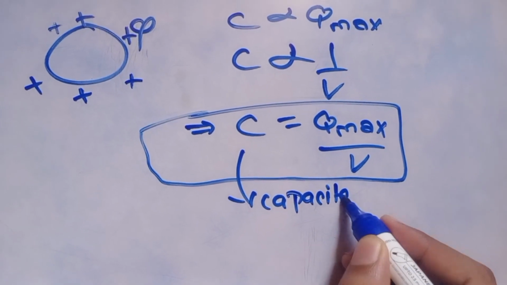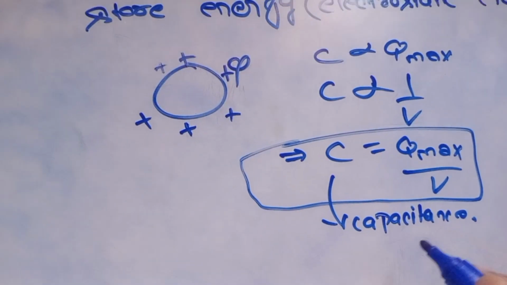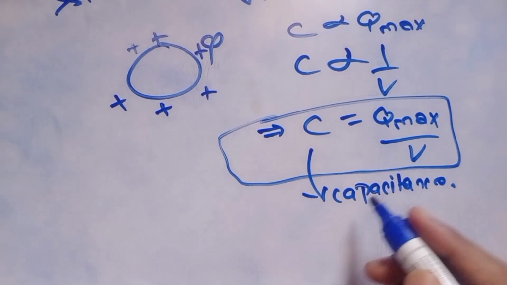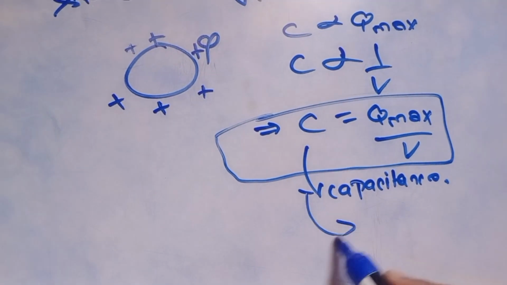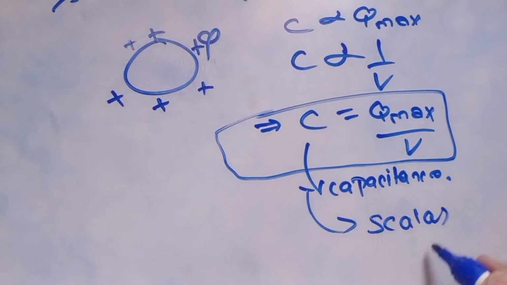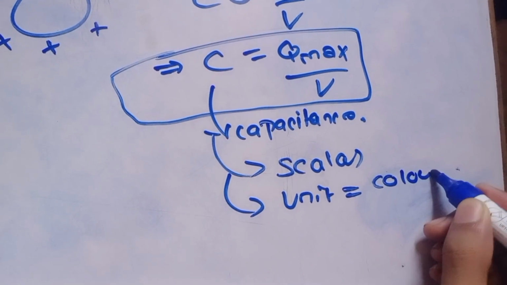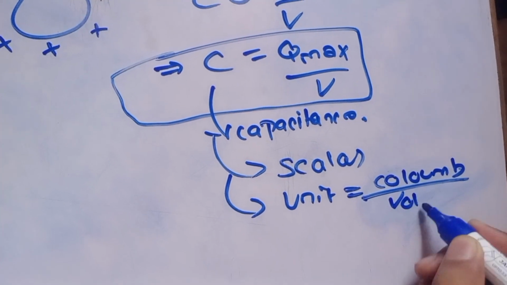Now we know more about capacitor and capacitance. Capacitance is a scalar quantity. Its unit is coulomb by volt.